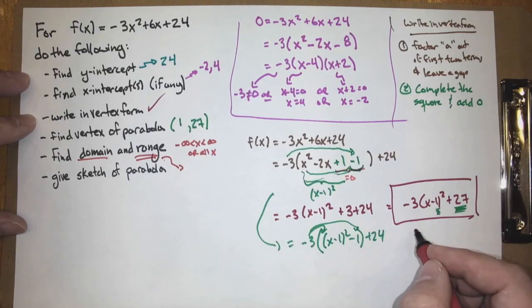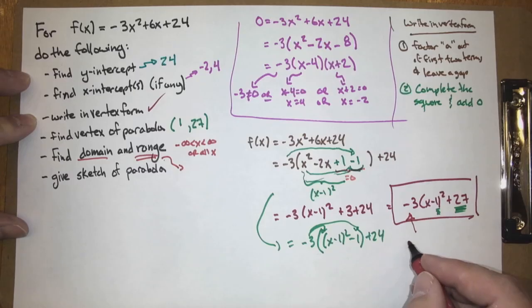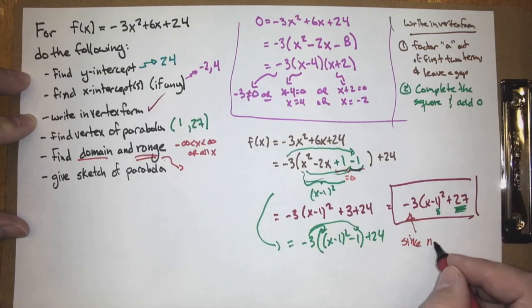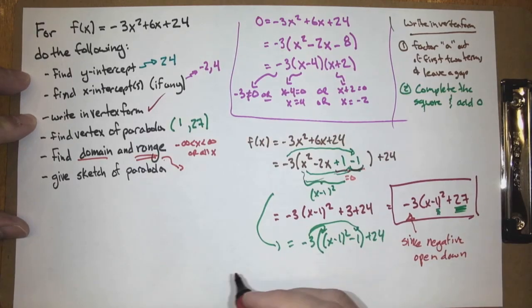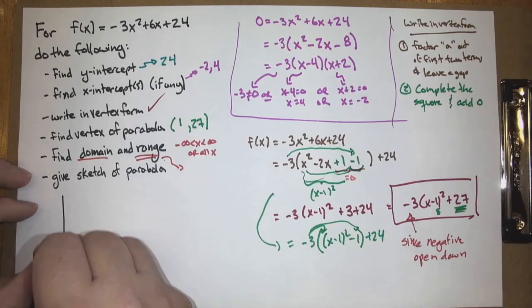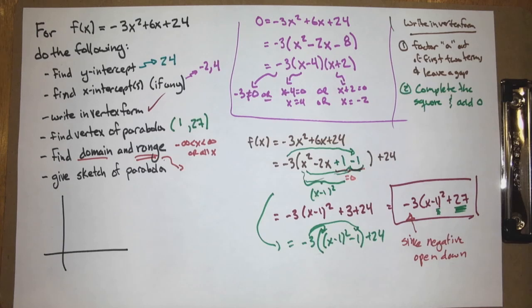So do we open up or down? So we've already said this, since this is negative, we open down. So before we answer the range, we can even do a quick sketch. So we can do the following. We just mark here. We go up to 27.